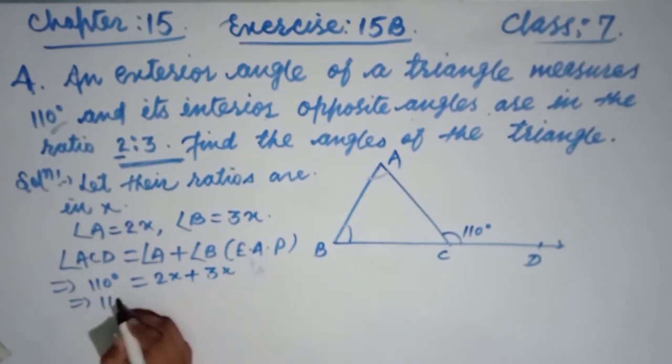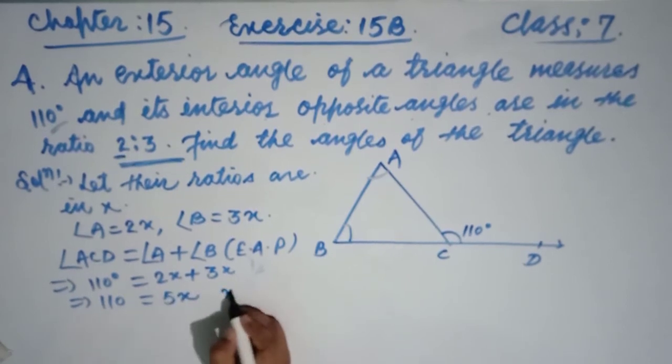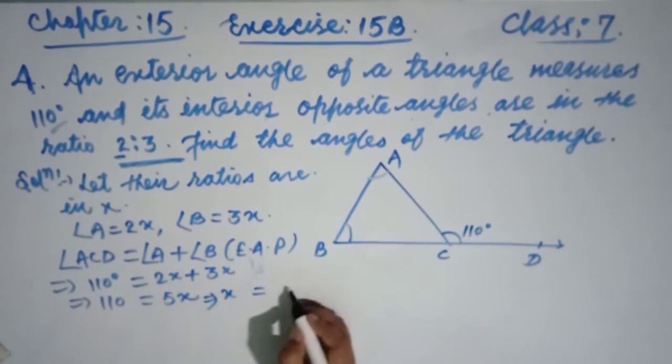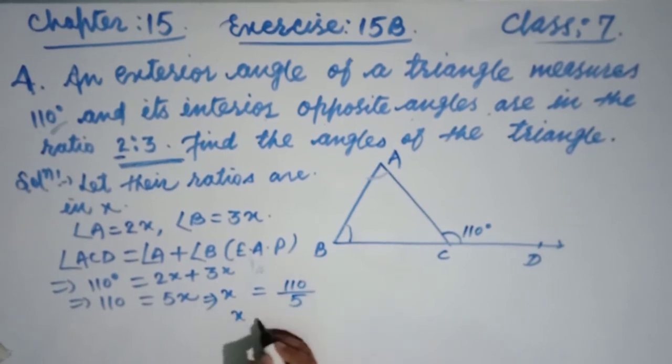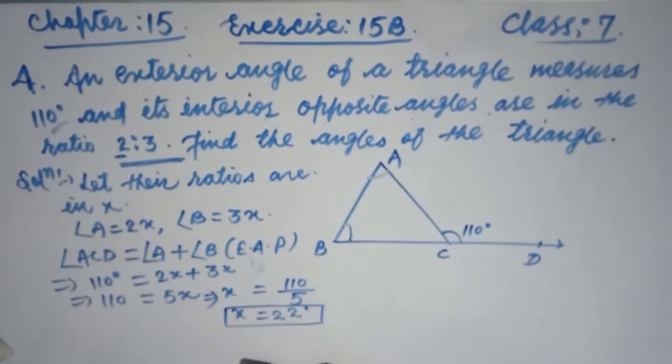So 110 degrees is equal to 2 plus 3, 5x. So x is equal to 110 divided by 5. So x becomes 22 degrees. The value of x is 22 degrees.